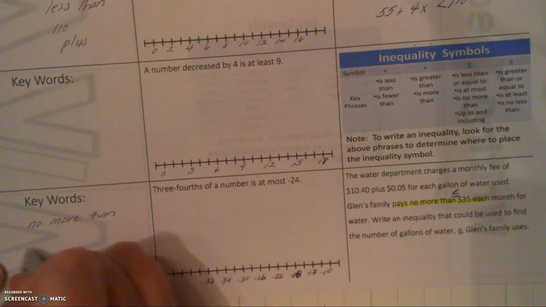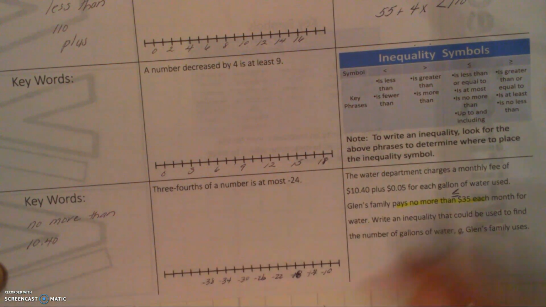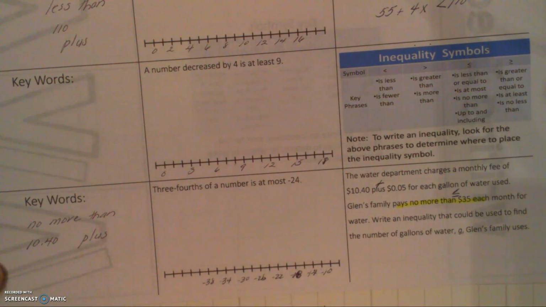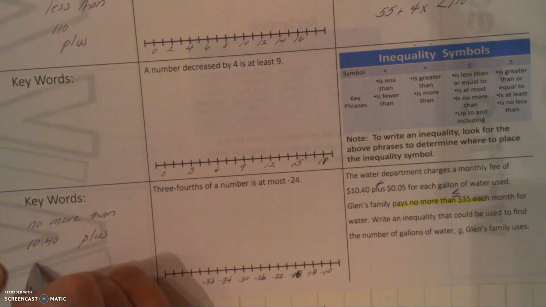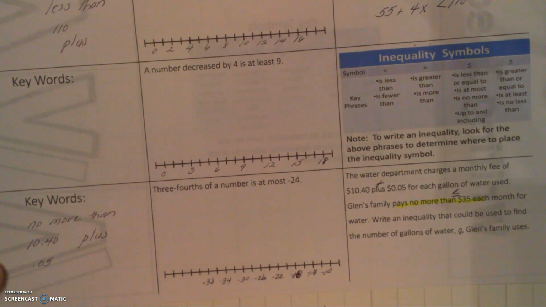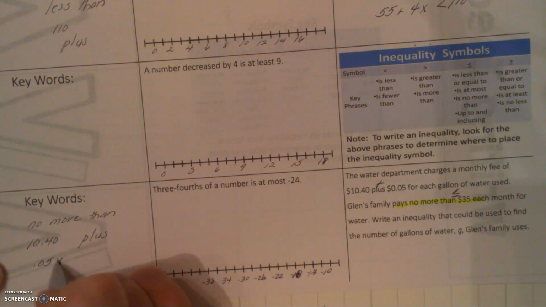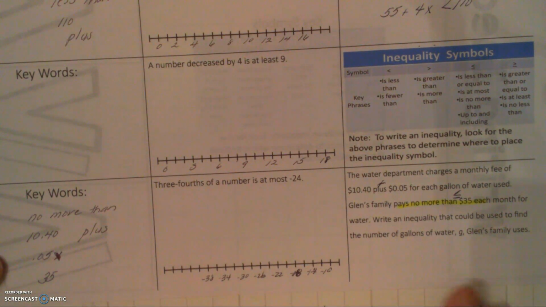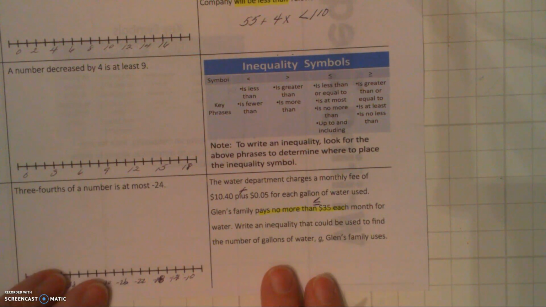Then there's a monthly fee of $10.40. And remember, the plus means addition, so that would be a keyword. And it's 5 cents per gallon. And we don't know how many gallons, so that's the variable. So 5 times X. And he pays no more than $35. Okay, so those are all the elements we need to write the inequality.